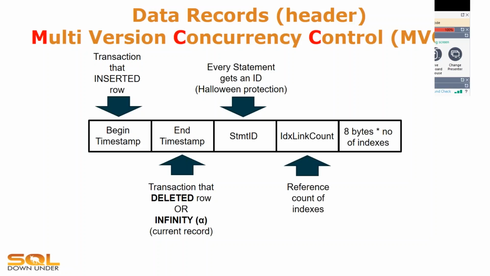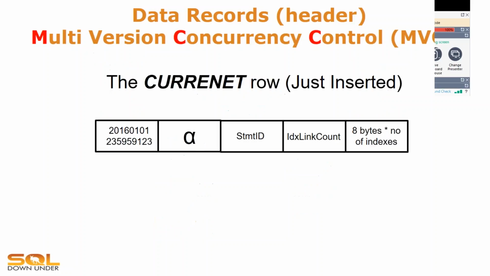We then have an integer value that's basically just a count of the indexes that are used on this in-memory table. And lastly, we have pointers to each of the indexes that exist on this table. The important thing in this diagram is really the begin timestamp and the end timestamp.